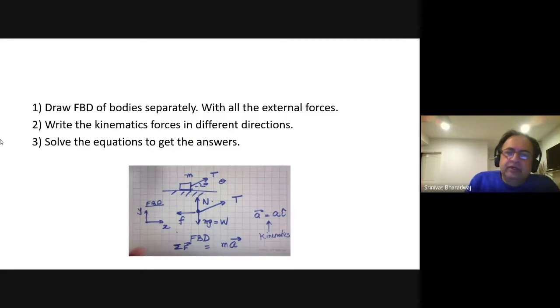So now here there is a body which is being pulled with tension T. There is friction, there is everything, and then we find the net equation, sigma F equals ma, right? We draw all the forces on this body. There is mg, which is the force of gravity on the body.